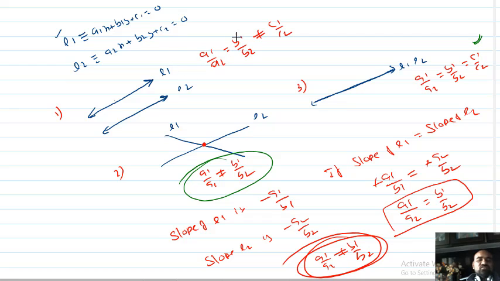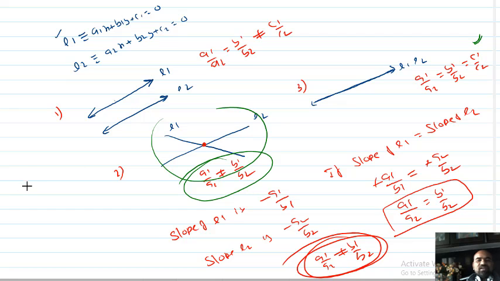Okay, in this situation the lines are called consistent linear equations. These two linear equations are consistent linear equations, consistent with one solution. In this case also the two lines are called consistent linear equations, with infinitely many common solutions. In this case the equations are called inconsistent linear equations.